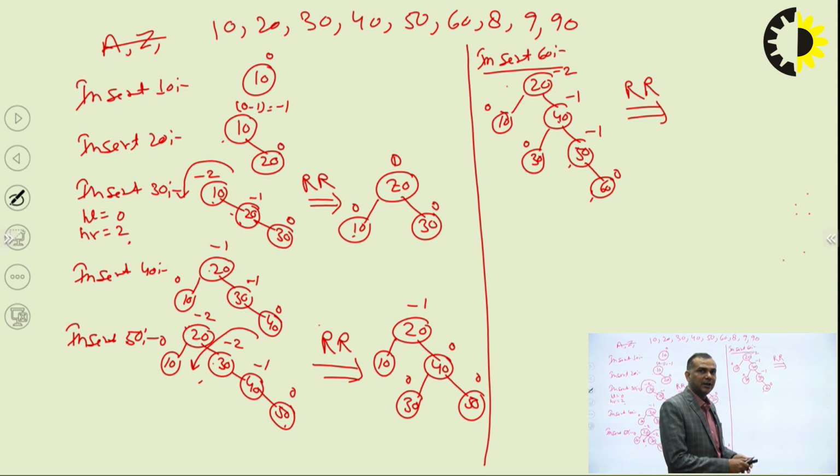So what is the operation? We rotate that tree one time, in the opposite side, means RR is rotated to the left side.